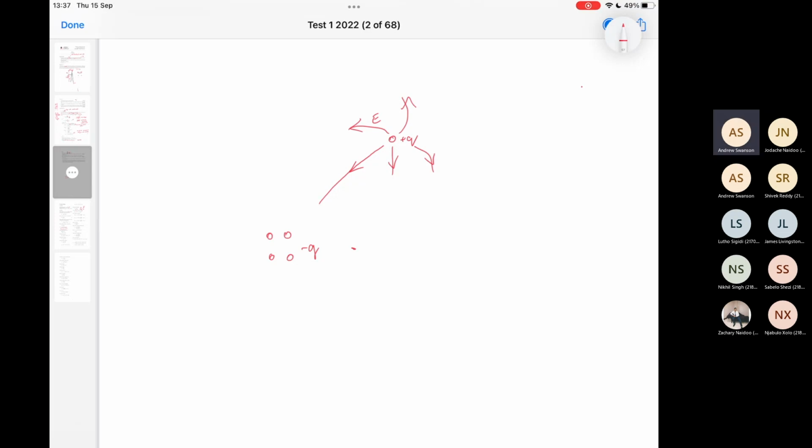So if it's positive charge, it's positive E, then you need to look at positive corona. This is negative charge. So the direction of the field is towards the bundle. So you'd look at negative corona.